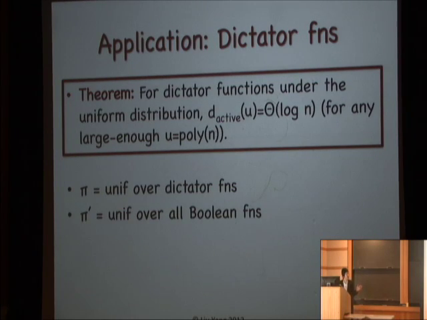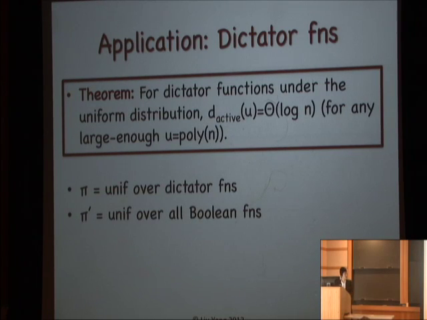We pick pi to be uniform over dictator functions and pi prime to be uniform over all Boolean functions. You can see the paper for the proof, but the idea is that the induced distribution over labels should be similar for those two distributions when the sample size isn't too large. So when the sample size isn't too large, the induced distribution of the S samples looks very much the same. This trend actually continues up to order log n points.